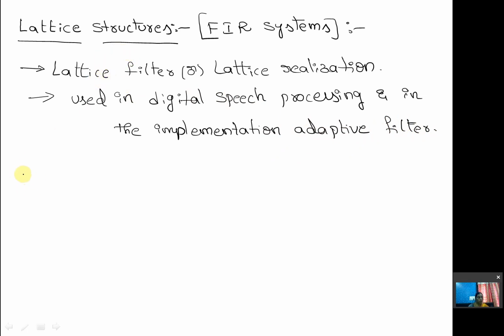Now coming to the structure realization. See here, FIR filter, finite impulse response filter.